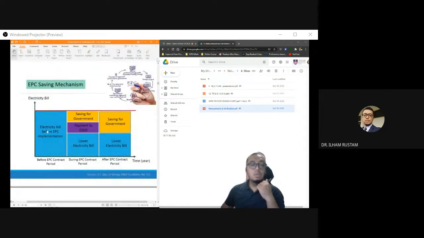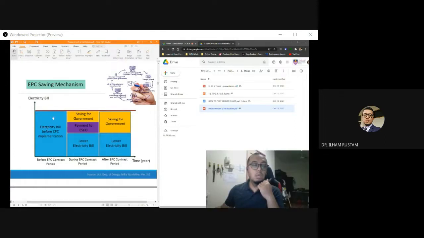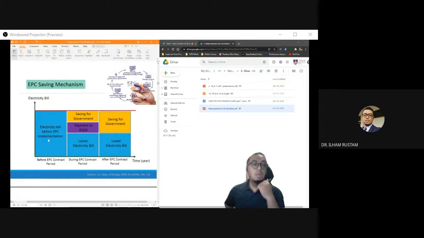The first year, before the ECM is taken. ECM is again energy conservation measures. Before auditing, before EE, before AMAS, everything, the whole amount of the electricity bill has to be paid out of Malaysians' own pocket.